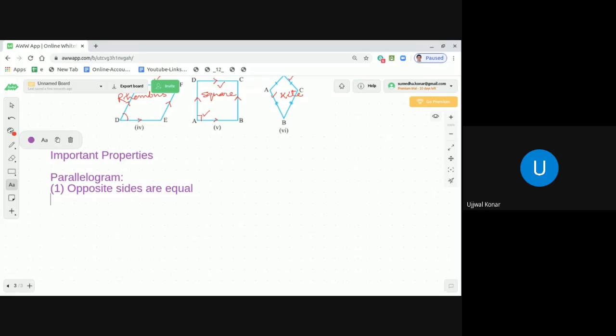Correct, dear students? I hope you agree with me. Then eventually we can say opposite angles are equal. And number 3 is that diagonals bisect each other.